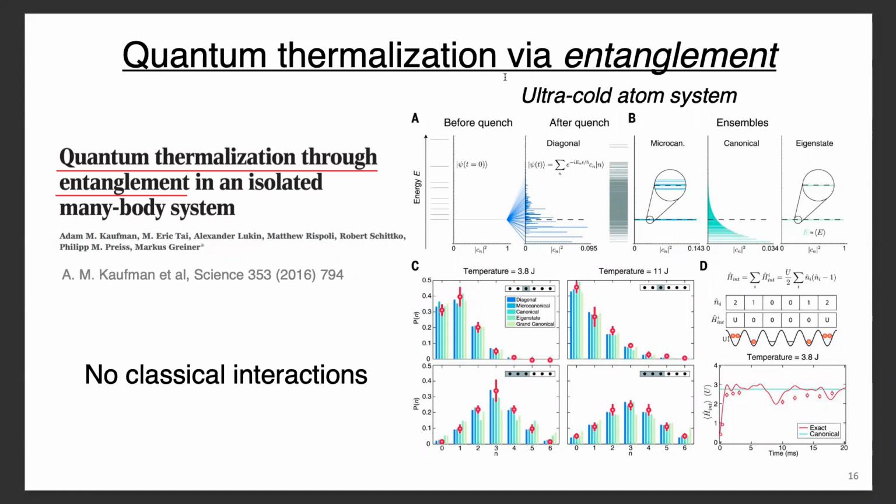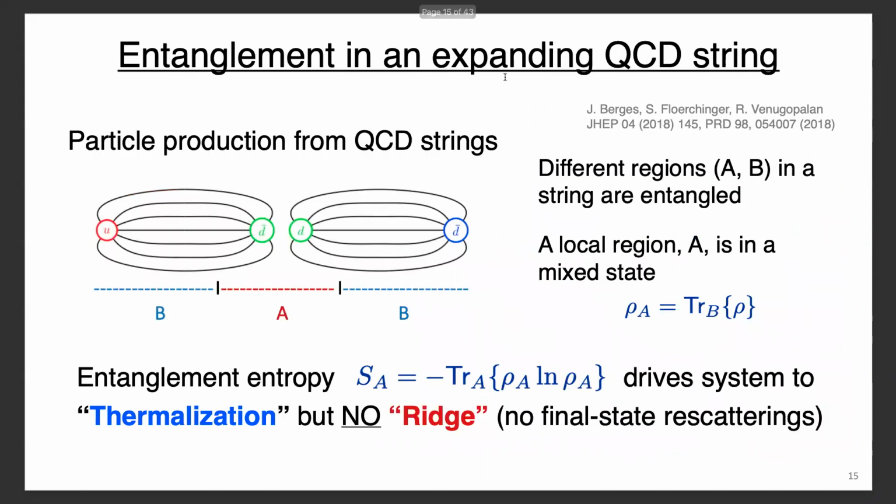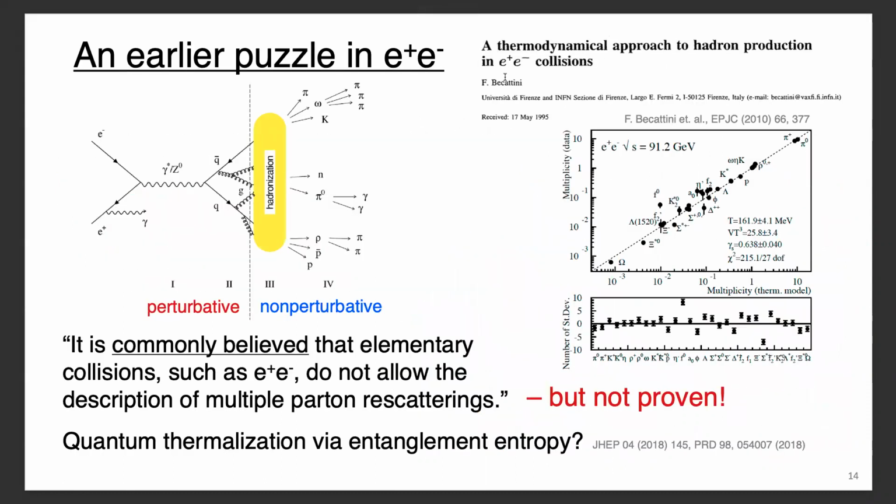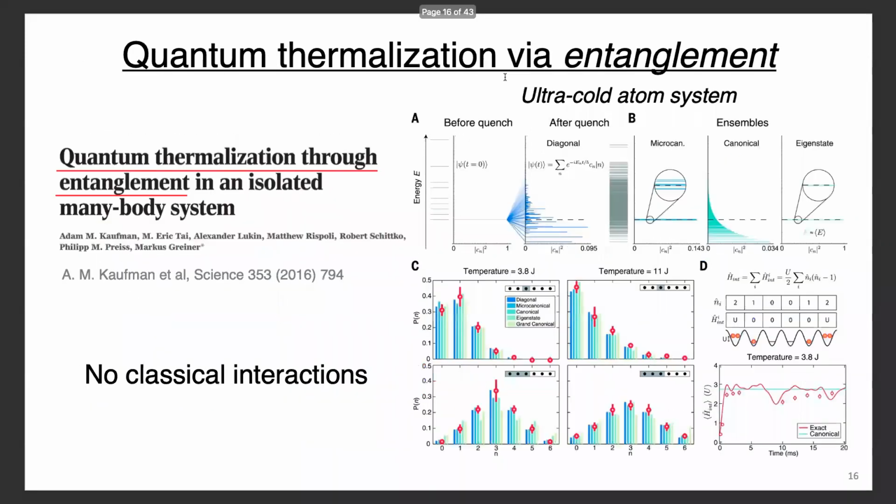What does it mean, classical interaction? The rescattering. These particles would rescatter, develop a flow effect, and drive the system to thermalize. And in this Science paper, is the system interacting? Which paper? The Science paper. I don't think so. There's no classical interaction. Three particles.